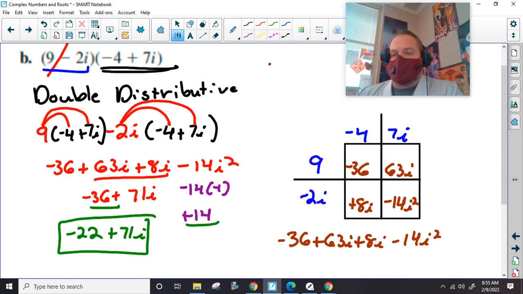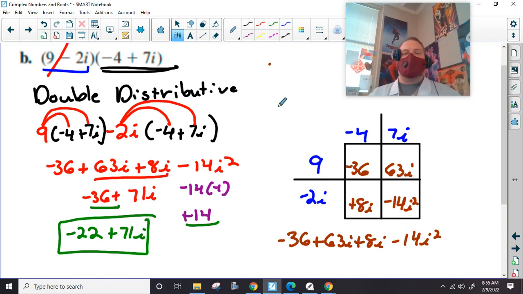So, it's a choose your own adventure. Now, unfortunately, I must not have clarified stuff for the test yesterday, because I would show the substitution method and an elimination method, and then I had some people try to do both methods at the same time.